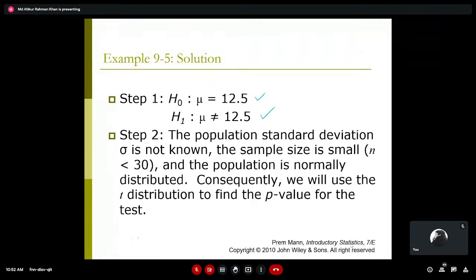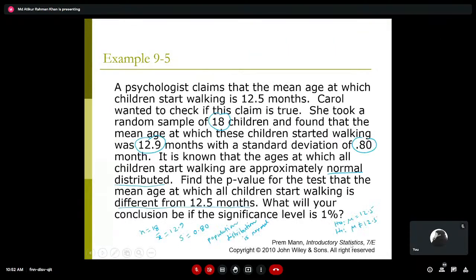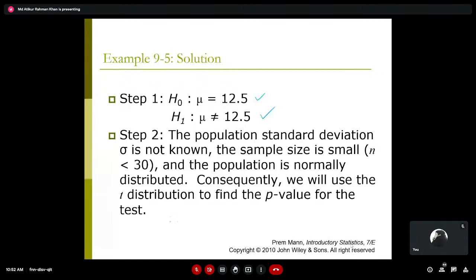Now step 2. At first we assess sigma. Is sigma known or unknown here? Unknown. Sigma is unknown.